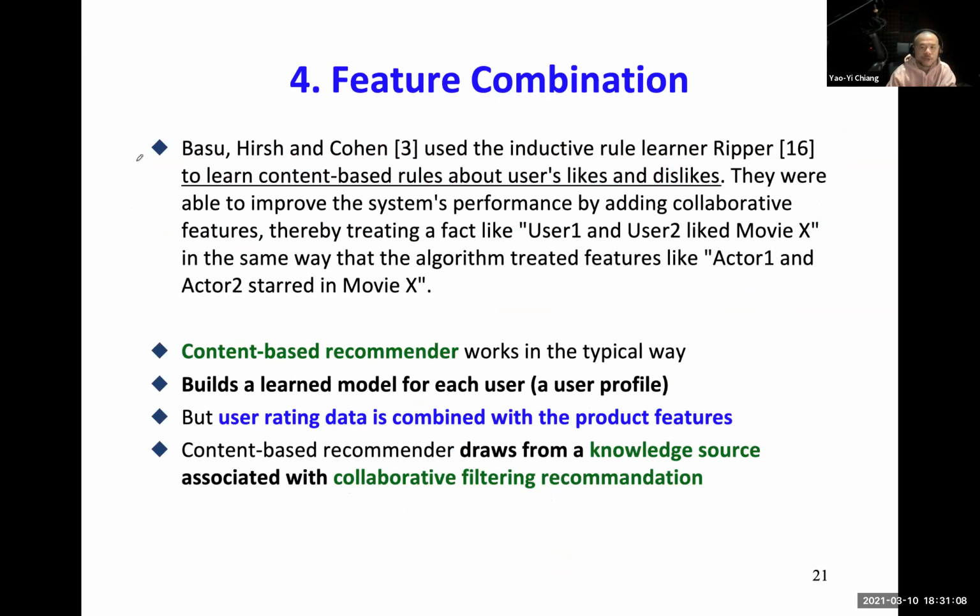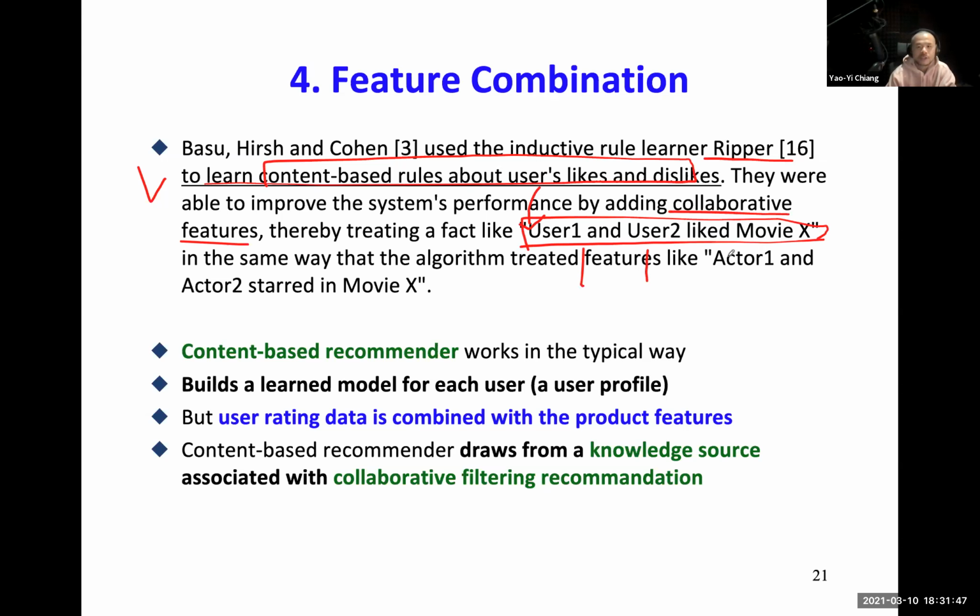So let's look at the example. So here, the recommendation system Ripper learns content-based rules about what the user likes and dislikes. The user likes and dislikes work like this. So this is some collaborative features, right? So like user 1 and user 2 like movie X, and this can become a feature for your movie X. And if you look at the definition here, this is actually just collaborative filtering.